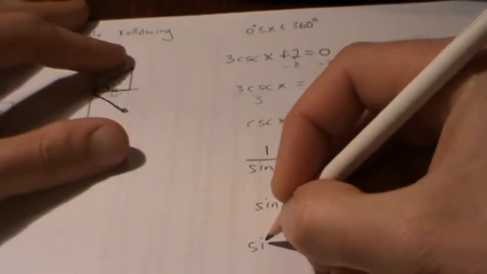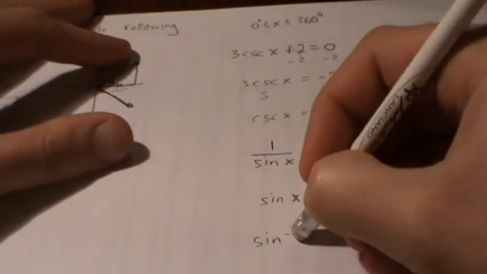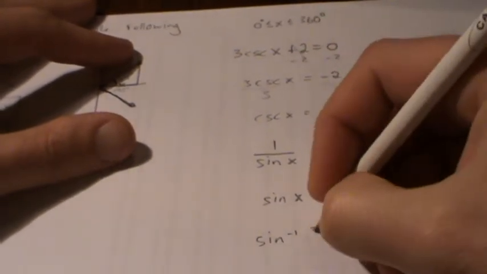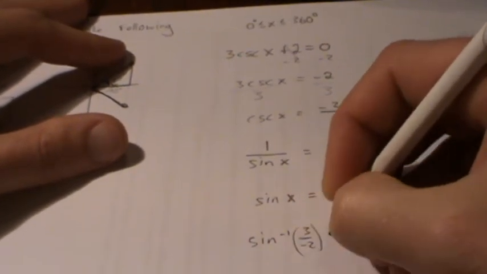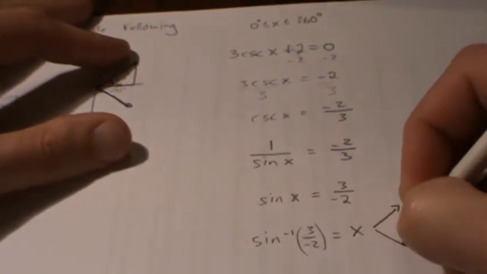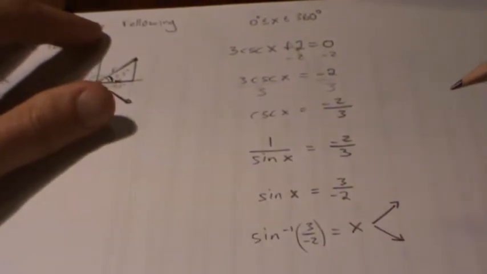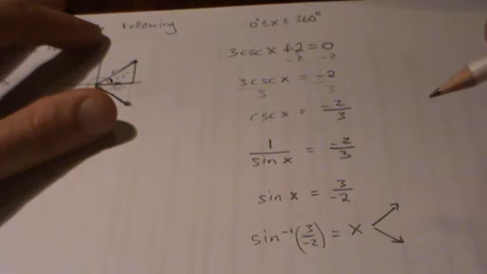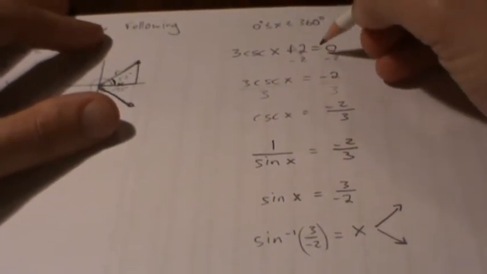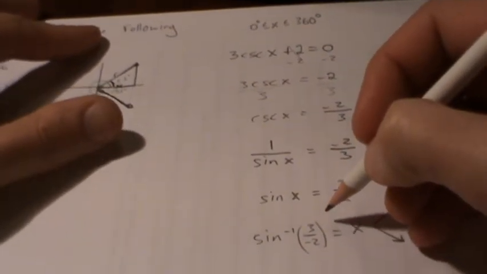And then I'll do sine inverse of 3 over negative 2 is equal to x. And now I probably will get two solutions. This one I actually won't get two solutions, but this is basically the algebra that we would go through to get this far.